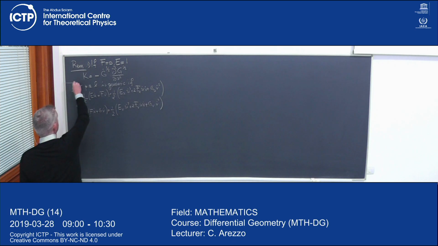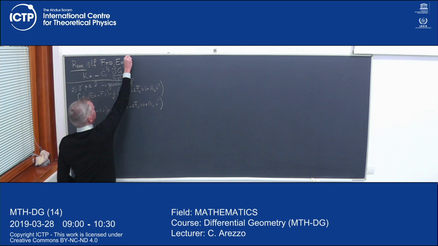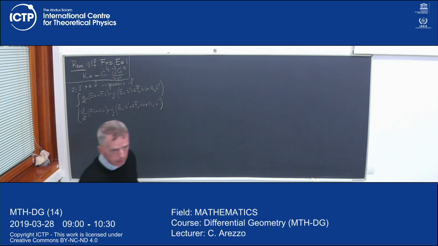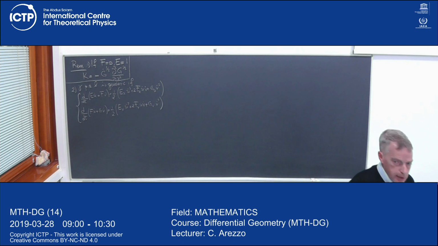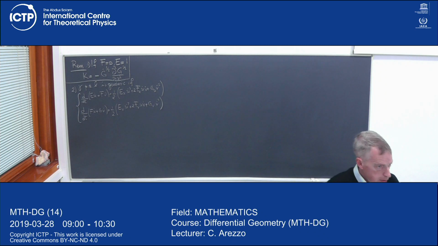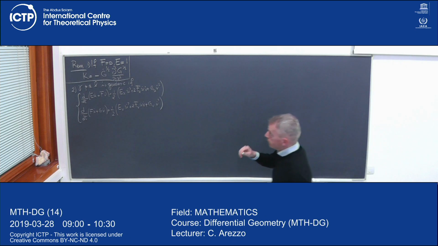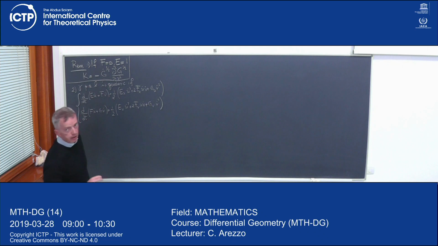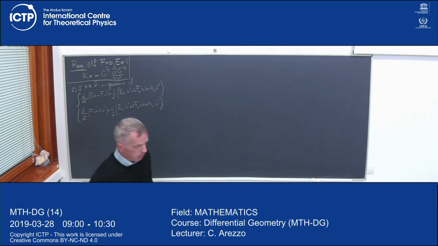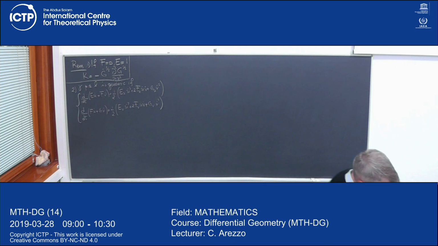Remember for today's lecture. First of all, when we proved Gauss's Theorema Egregium, we just needed to prove that there was a formula giving the Gauss curvature in terms of the first fundamental form and its derivatives. This was quite complicated, but this was a special case that could come up out of the proof.